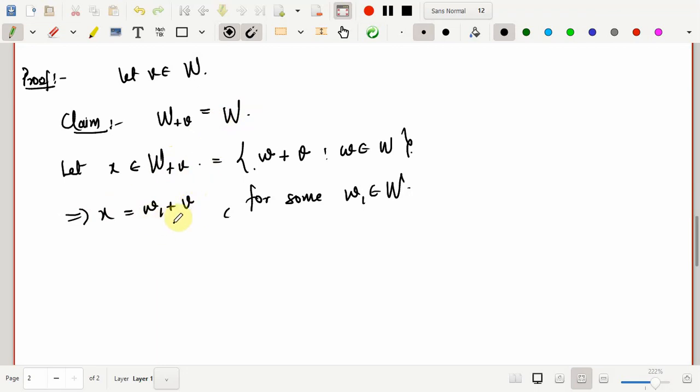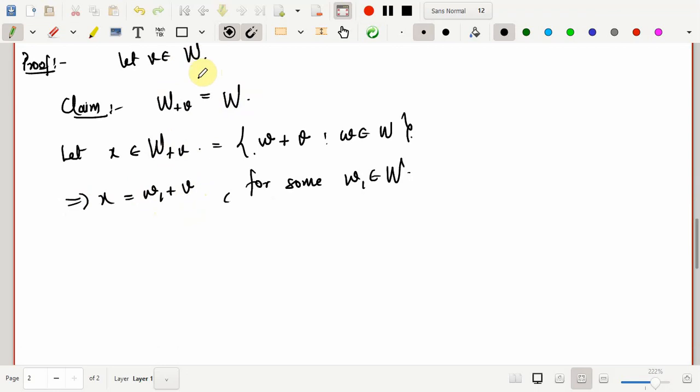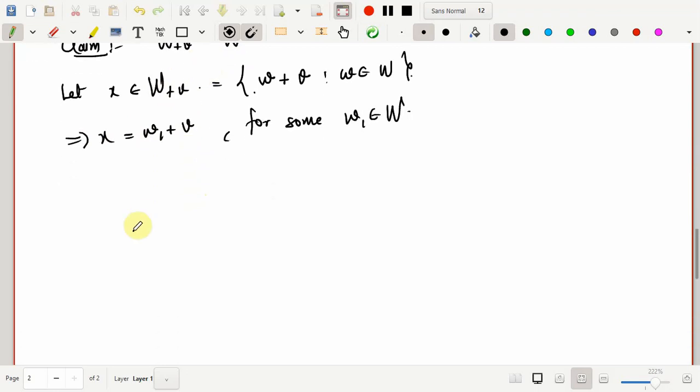But is it not clear that this sum also belongs to W? Don't forget the fact that W is a subspace. Since this w1 and this v also belong to W, w1 plus v belongs to W, as plus is closed in W, as W is a subspace.